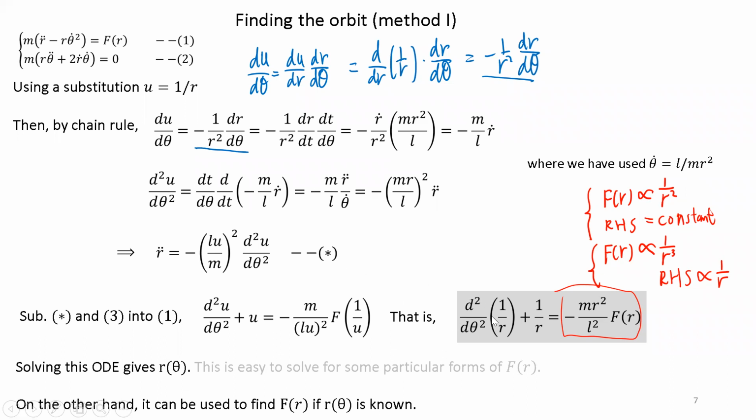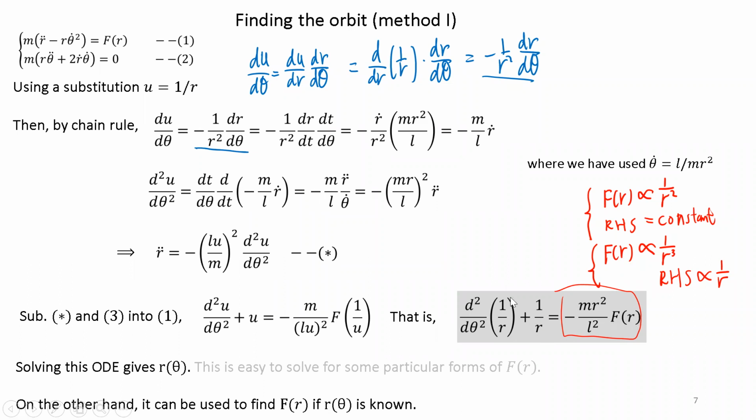And in fact, this equation is also useful for something else. If I do it the other way, suppose I don't know the form of this force, but I know the shape of the trajectory, r as a function of theta, then I can tell you the f over r.